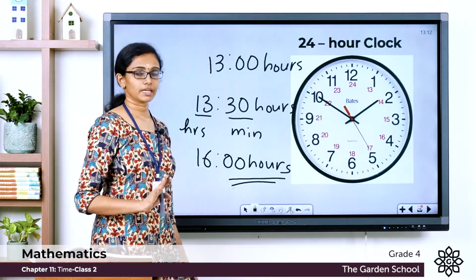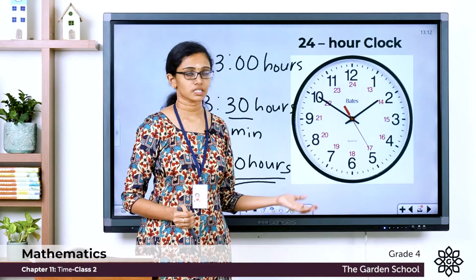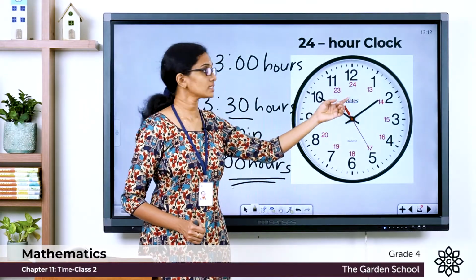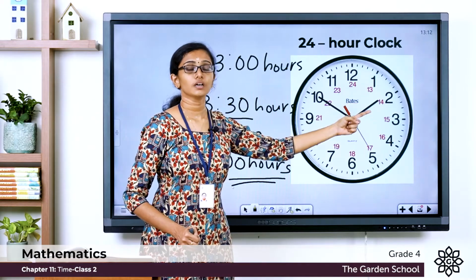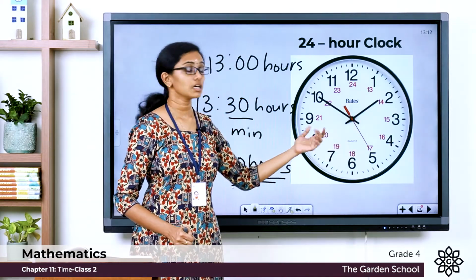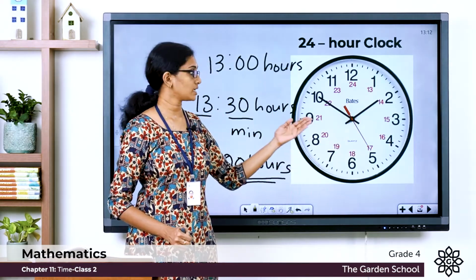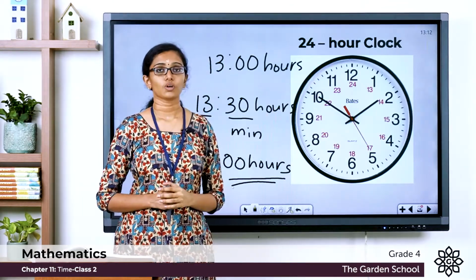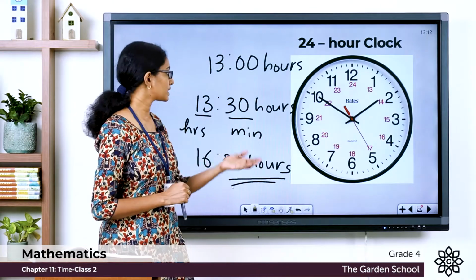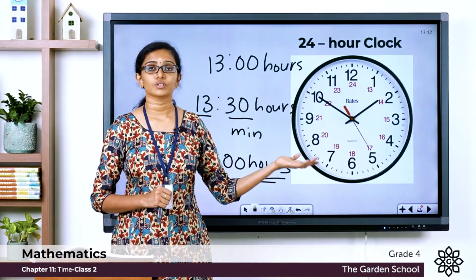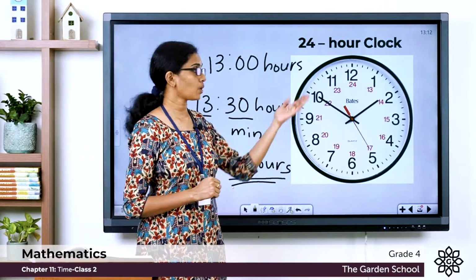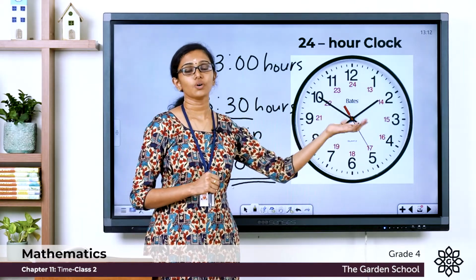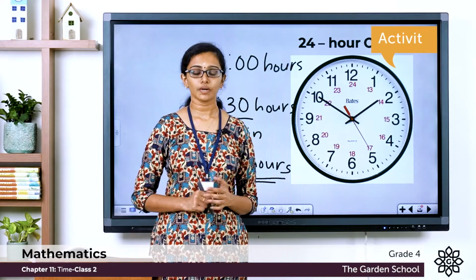Just keep in mind that on a 24-hour clock system, the hours after 12 in the noon are counted as 13, 14, 15, 16, 17, 18, 19, 20 and so on till 24. So the beginning of a day will be written as 0000 hours, whereas the ending of a day will be written as 2400 hours.